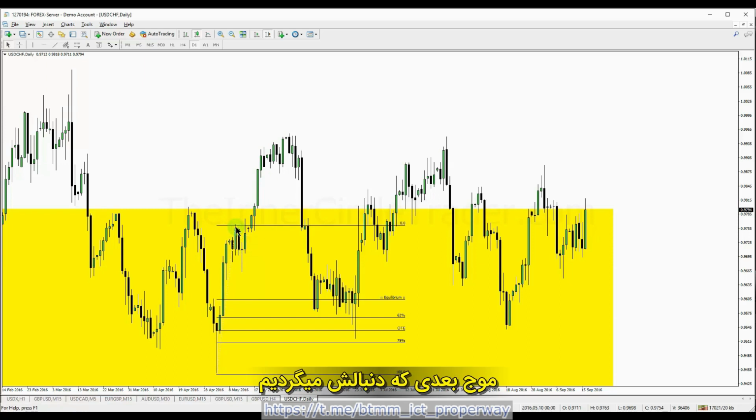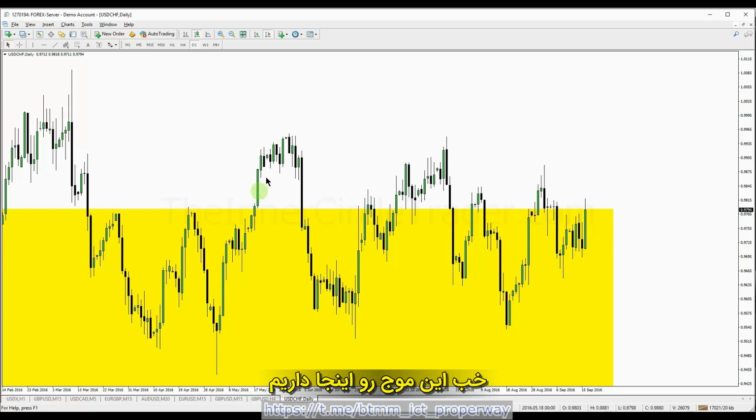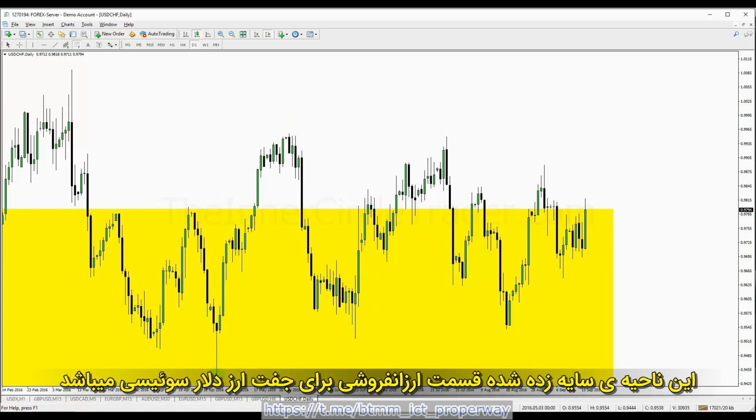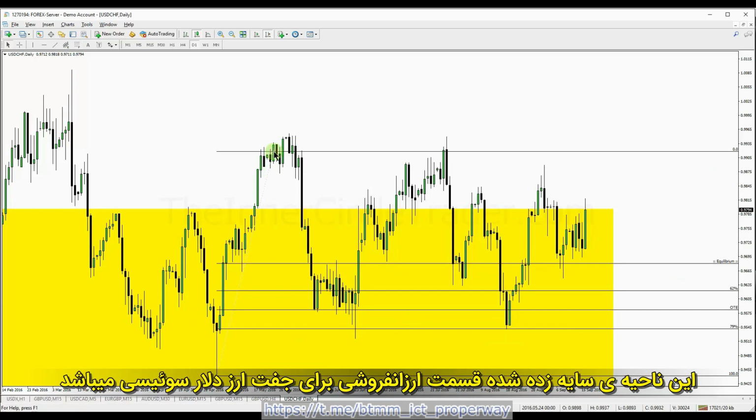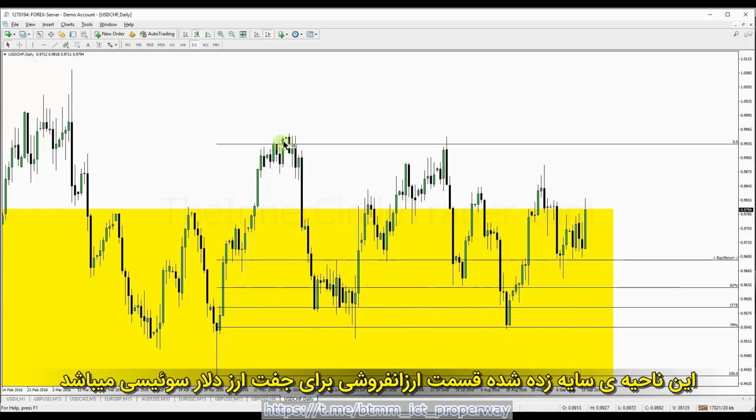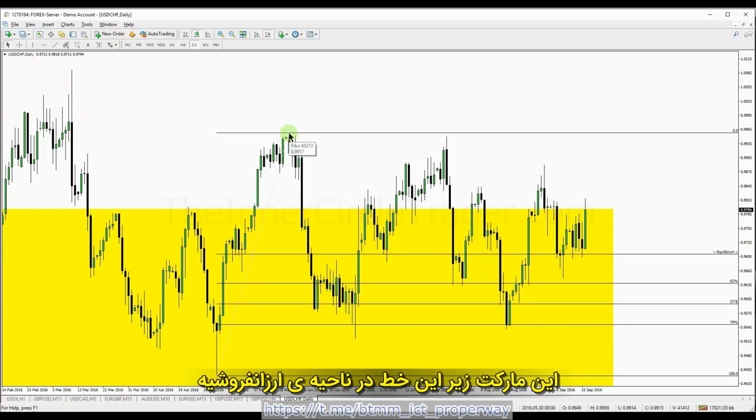Next price leg we look for. Okay, we have this price leg here. We're only focusing on inside the yellow area. That's the shaded discount portion of this market. The dollar Swissy, this current market is a discount below this line here.